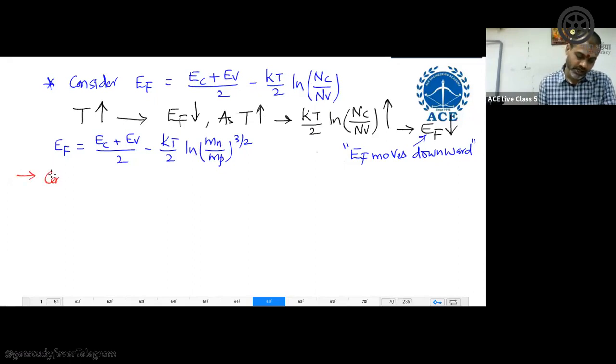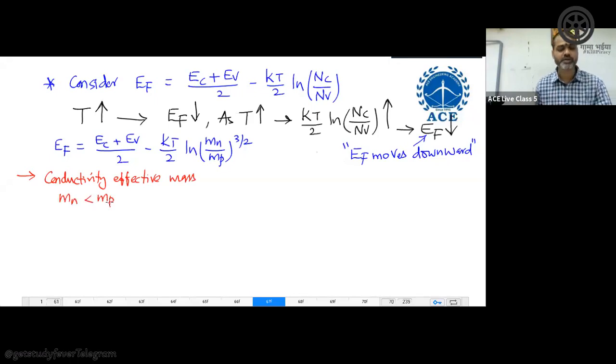If you say conductivity effective mass, then in that case mn will be less than mp. That is correct.